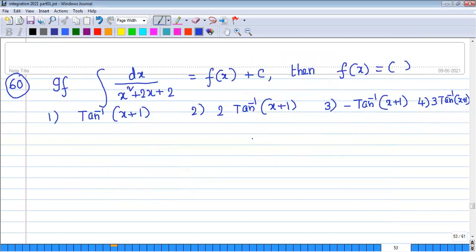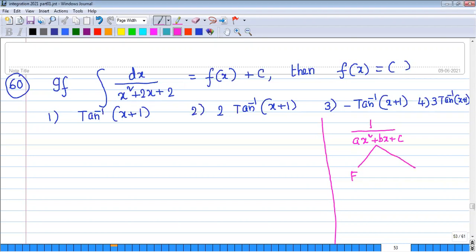Right, let us move to this question. Basically, this question is in the form of 1 by ax square plus bx plus c, 1 upon a quadratic polynomial. When it's a quadratic polynomial, we need to check whether it has factors or not.